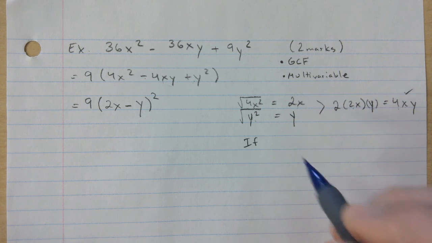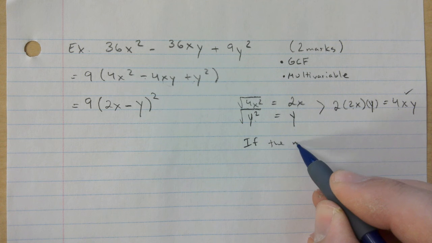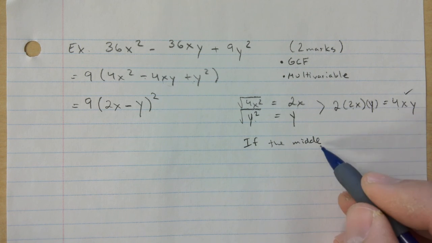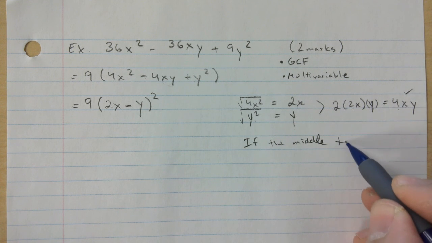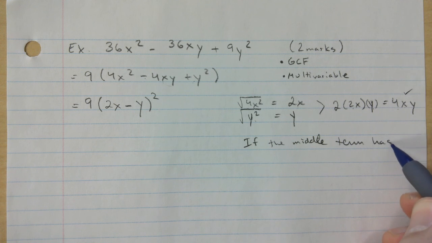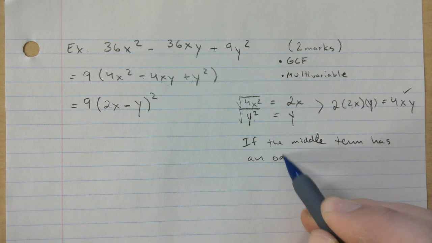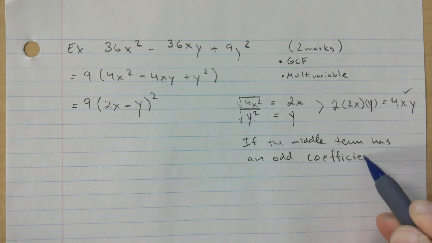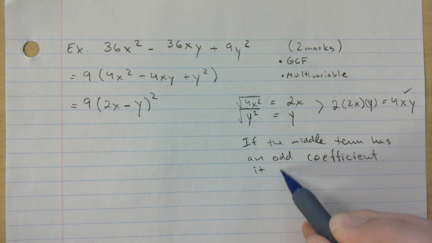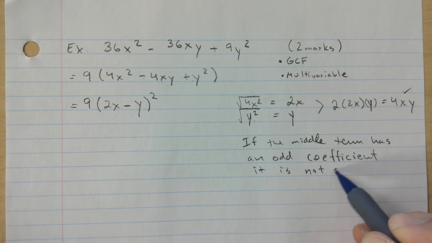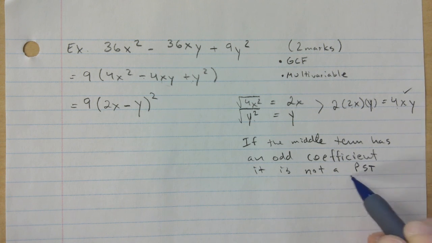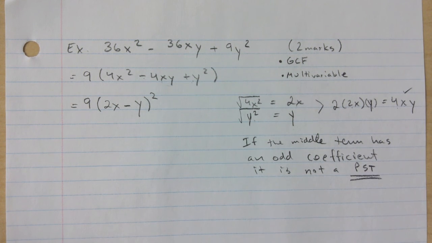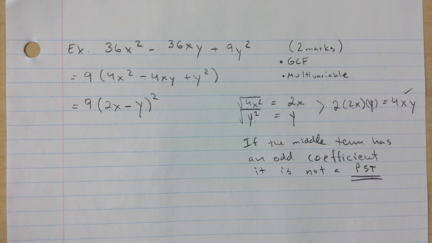If the middle term has an odd coefficient, it is not a PST, plain and simple. So then you have to use the matrix method there.